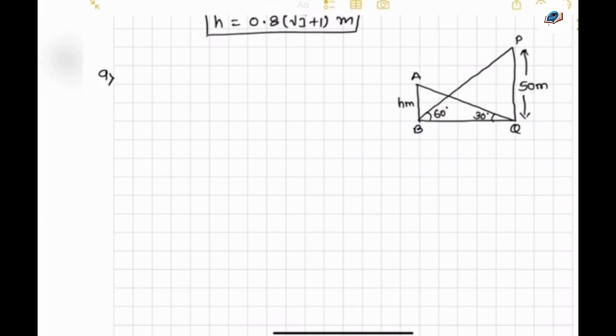So, here I am taking AB equal to h meter, PQ equal to 50 meter, and that is building height I have taken as h meter, that is AB, and PQ tower height is given to 50 meter.